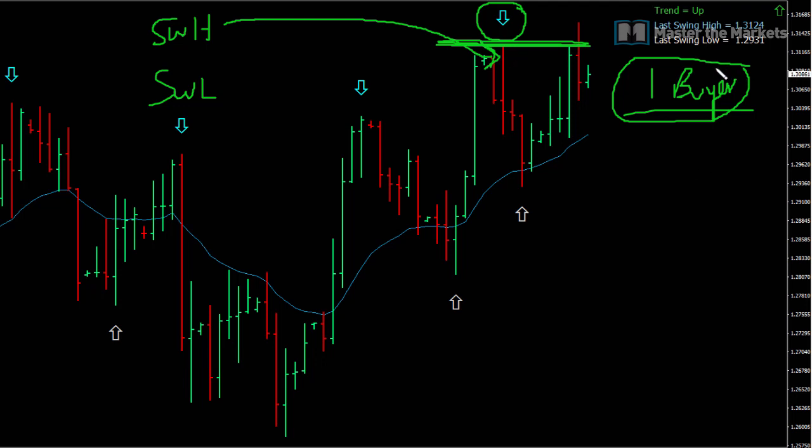So in essence, not even one buyer wants to buy higher than this particular price. Then the selling continues, buyers buy it cheaper, and at a particular point you have what our smart money indicator confirms as a swing high.